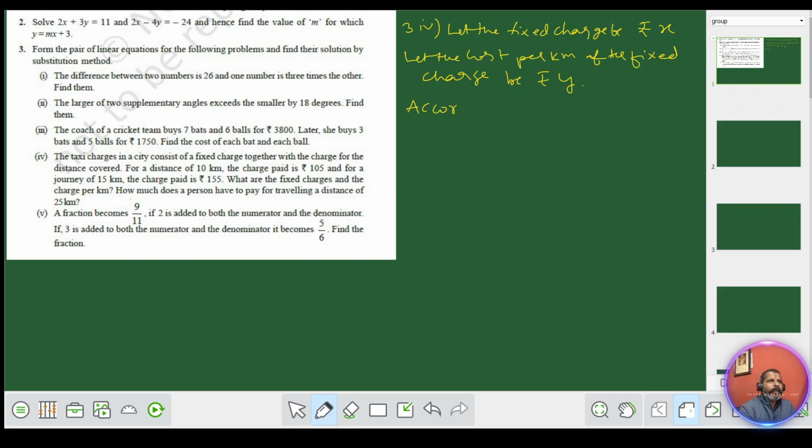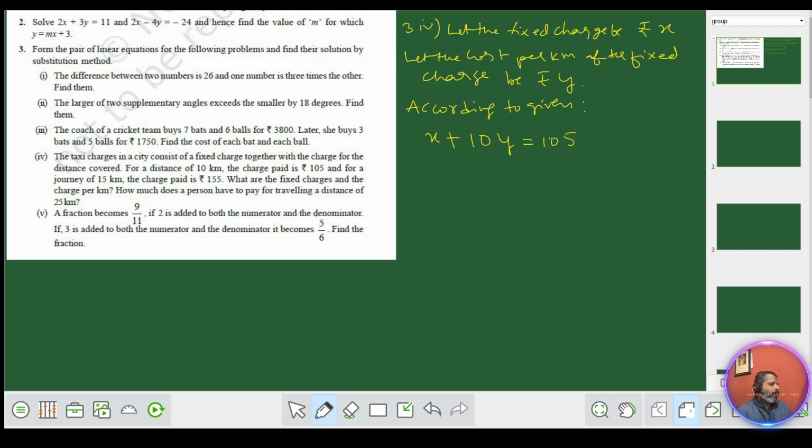Now according to the given question, for a distance of 10 kilometers, fixed charge is X. For a distance of 10 kilometers, which is Y rupees after the fixed charge as we assumed, it comes to 105.